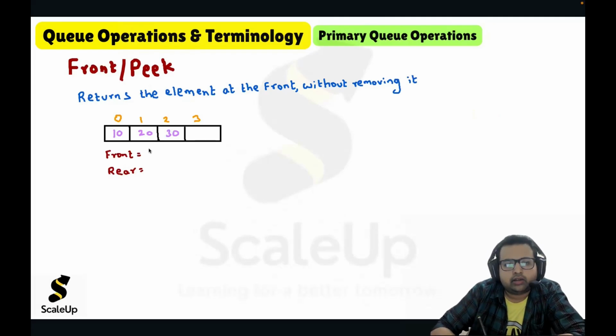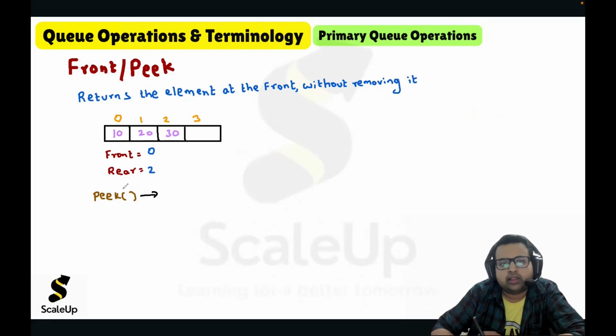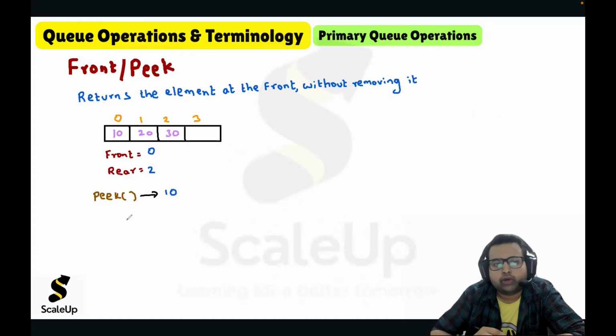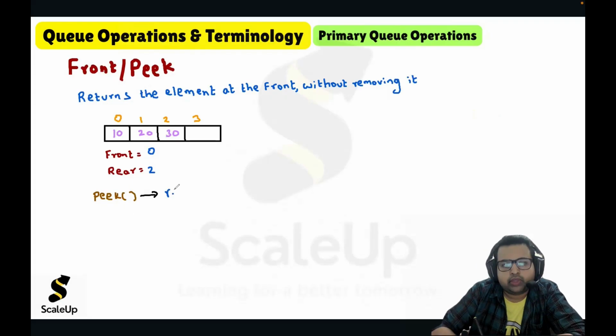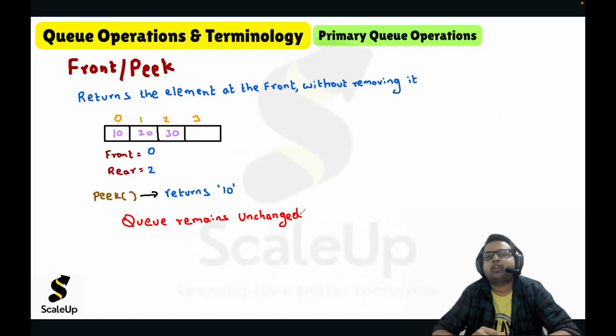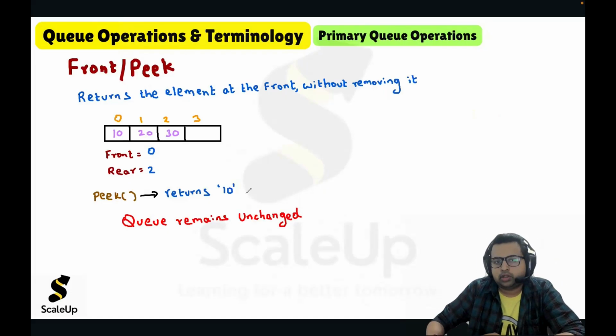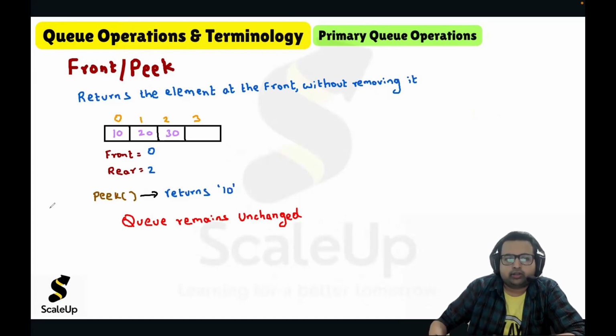Front is at position 0, index 0, and rear is pointing to index 2. If I call the peek operation or the front operation, it will return the element at the front, that is 10, without removing it. So peek returns 10. And the most important point: the queue remains unchanged. That's a very important point.